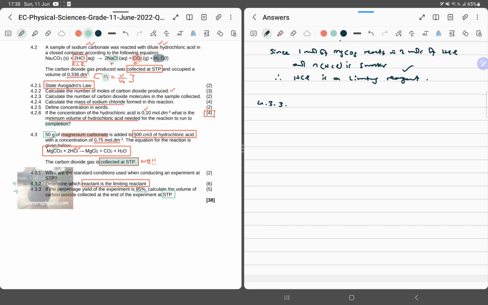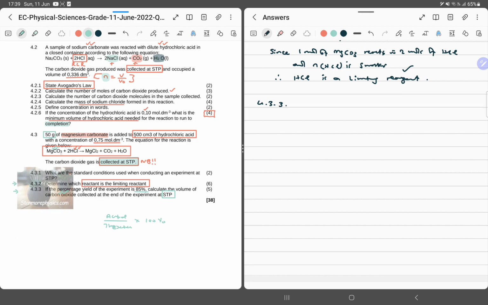Let's think for a second. We are saying we have 85% of this thing, right? So basically, the percentage yield is going to be the actual over theoretical multiplied by 100%. Now, what do we want? This can be expressed in terms of number of moles. But now we did not hear anything about the number of moles.